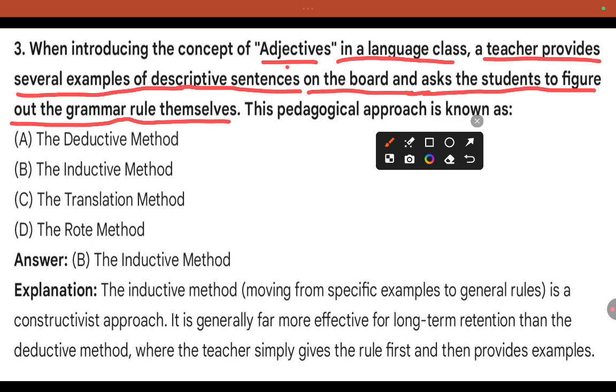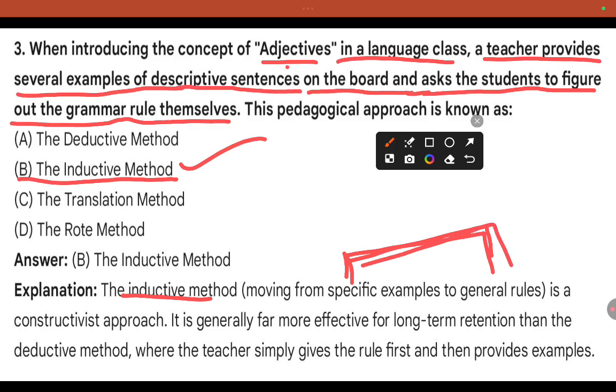In the language class, the teacher provided several examples of descriptive sentences on the board and asked the students to figure out the grammar rules themselves. So that is option B, the inductive method. What is inductive? The inductive method moves from specific to general, from specific examples to general rules.